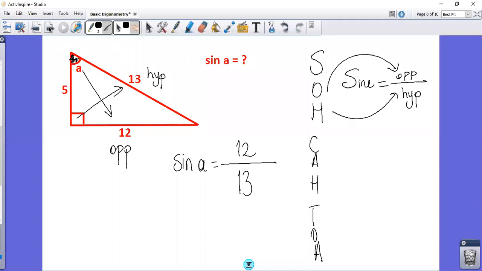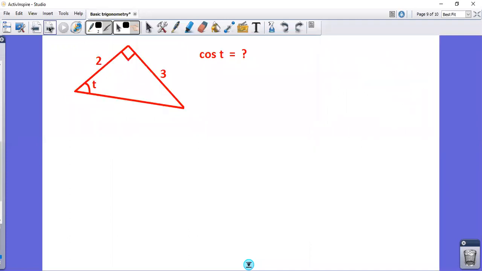All right, next one. We have a right triangle, as you see. Cosine of T is the question. What is cosine? Let's remember SOHCAHTOA.